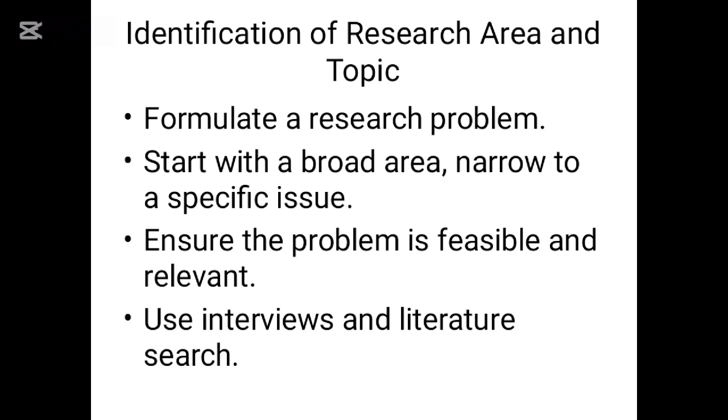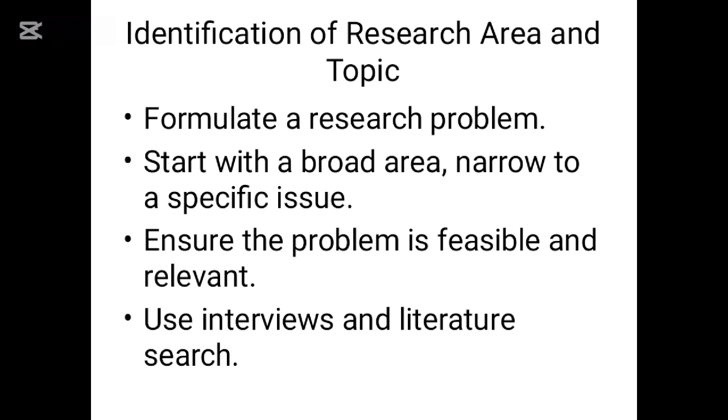Then you start with a broad area, narrow it to a specific issue, and there are steps which you are to follow in order to have a good research problem. How to formulate a good research problem. That is to identify the broad problem area through the process of observing and focusing on the situation.